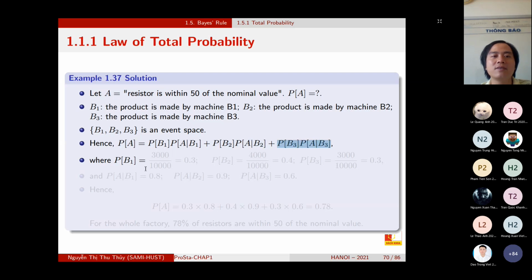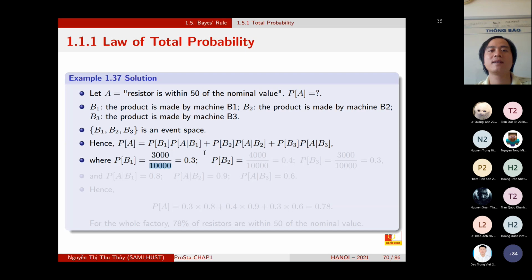So how can you put the prior information into the formula? You know that machine 1 produced 3,000 resistors out of 10,000. So the probability of getting a product from machine 1 is 3,000 divided by 10,000, that's 30%.